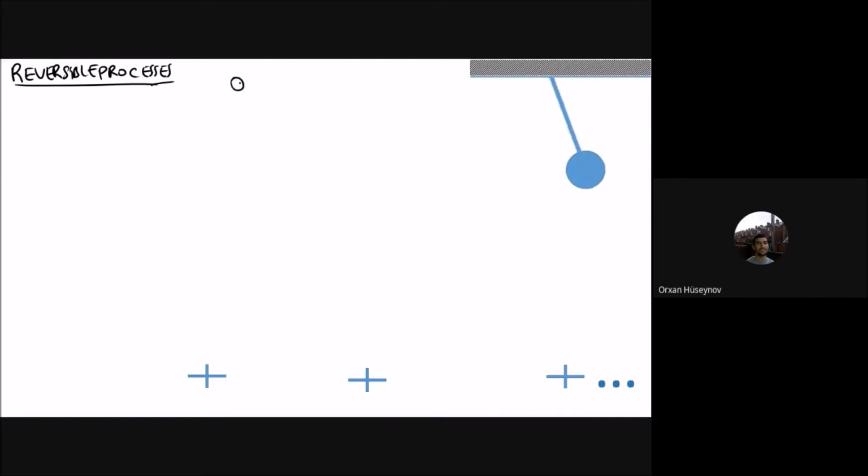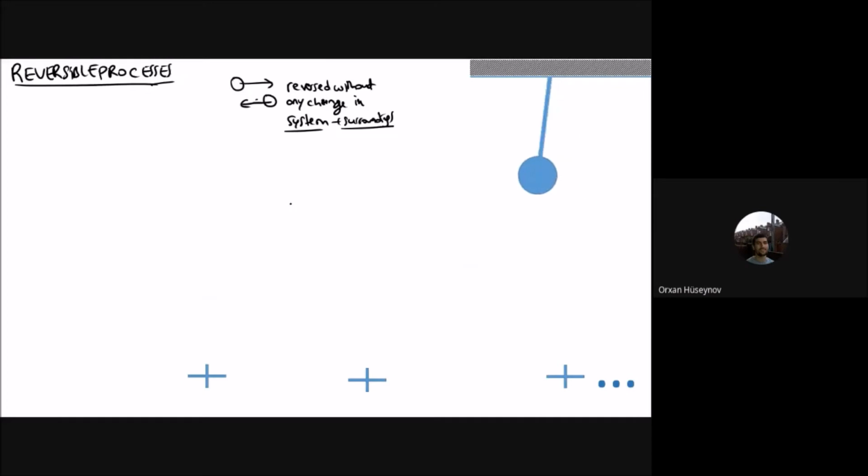Let's say the process goes in that way, and it can be reversed back, but this is the condition that there cannot be any change in the surroundings or in the system. It should be perfectly reversible. It is like you are going to some place, but nobody knows that you are going there, and you are coming back and nobody knows that you have come back. You don't leave any trace on the surroundings. That is the reversible process, the ideal process.